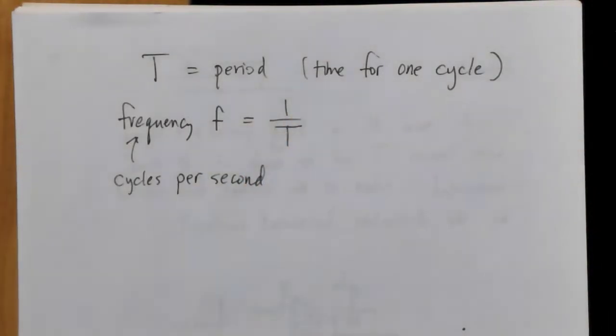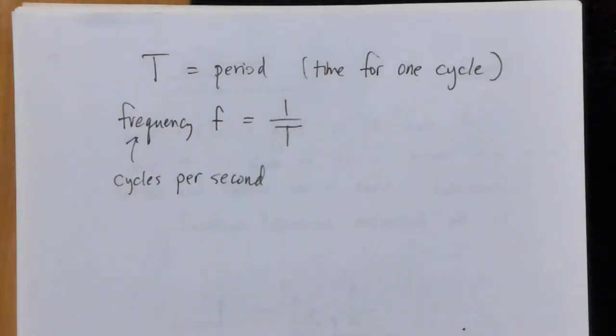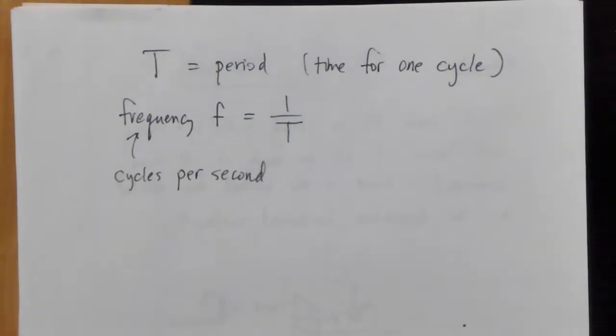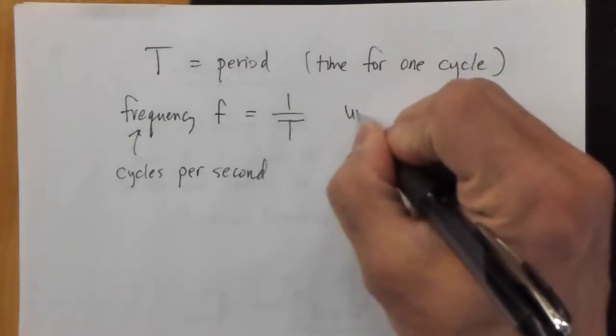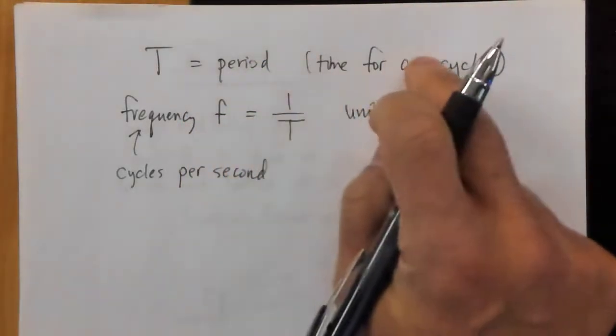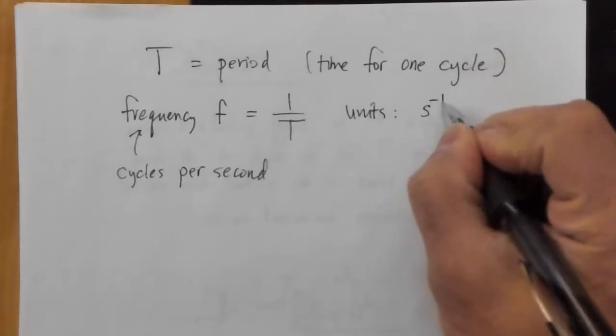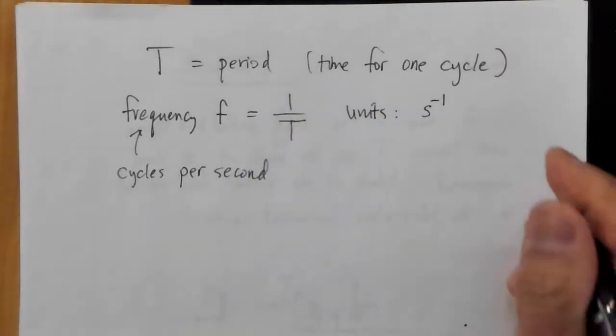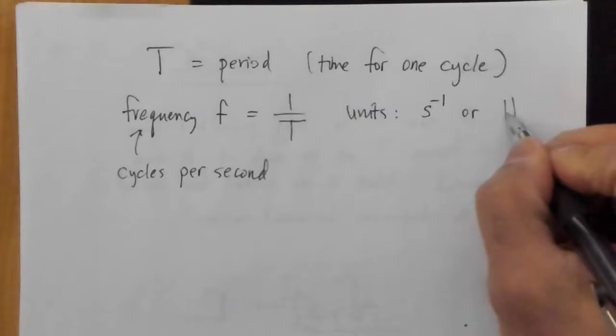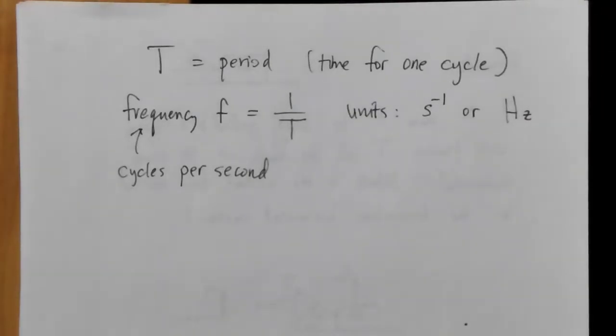So that's why doing 1 over capital T is going to give you the frequency. The units for period is obviously seconds, but the units for frequency is inverse seconds, 1 over time, or we also call this hertz, which is number of cycles per second.